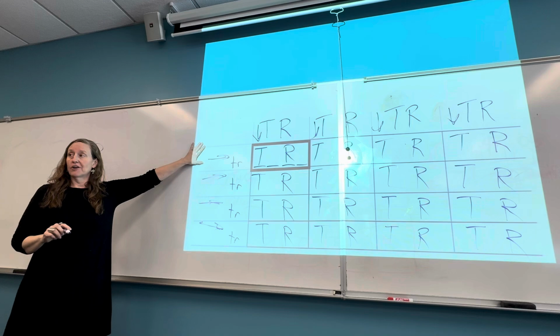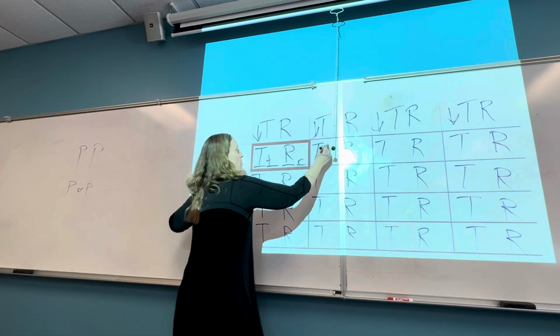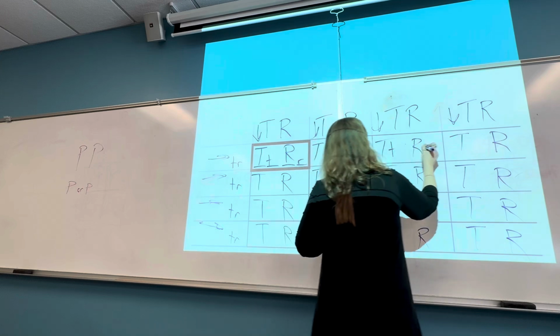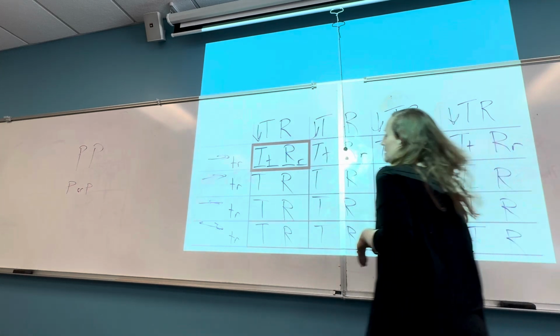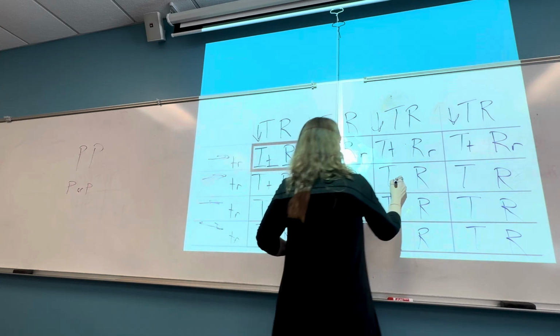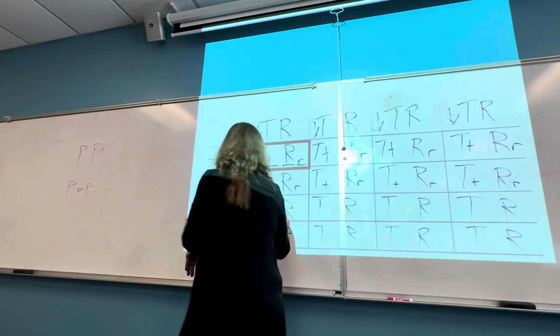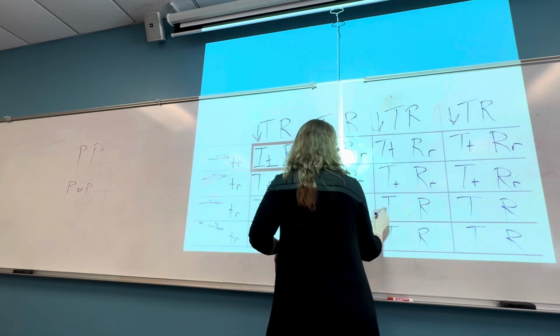Our little t, little r going across, the space is left open. So little t, little r across, little t, little r, little t, little r, little t, little r. And to the next row, little t, little r. This one's pretty straightforward, hopefully.